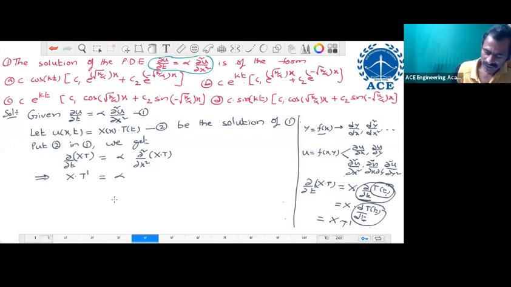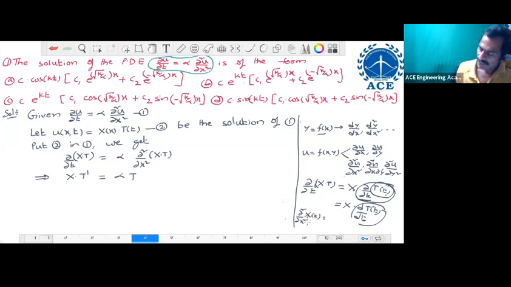Similarly for the second order derivative also. Here we are differentiating with respect to x only. T of t is constant because that is free from the variable x only. Only X is a function of x. So we should differentiate capital X two times with respect to x only. T of t is constant. The derivative of this becomes dou square by dou x square of X of x.